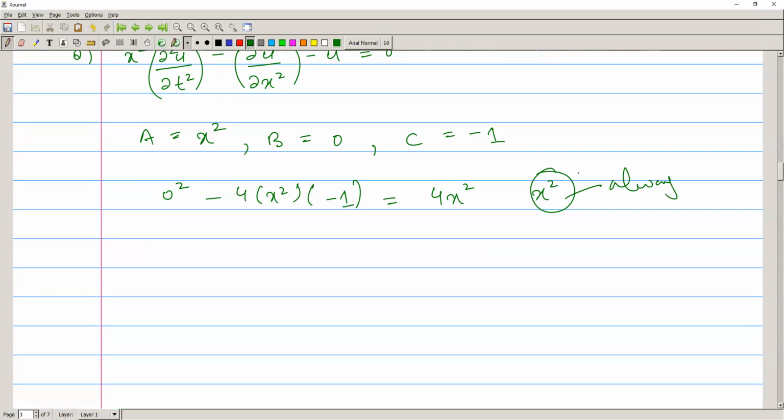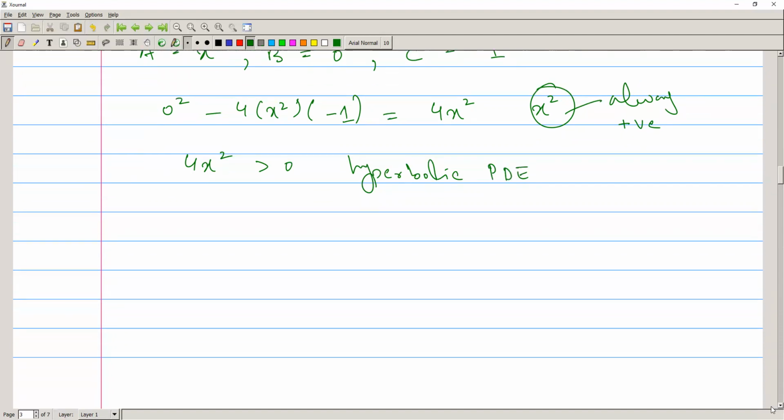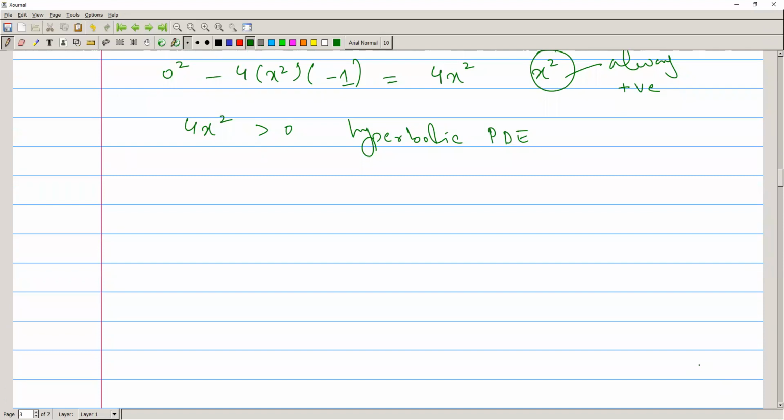Whatever value you plug in place of x, you will always get a positive value because of the square. So 4x squared is always greater than 0. So this is a hyperbolic partial differential equation, right? So now you see how it works when a variable coefficient is involved in the equation.